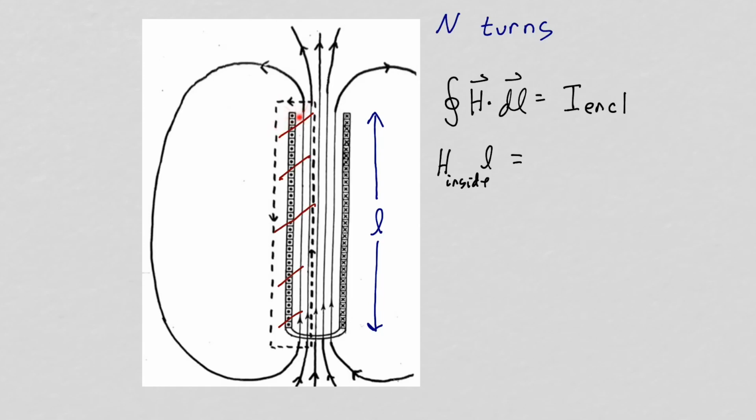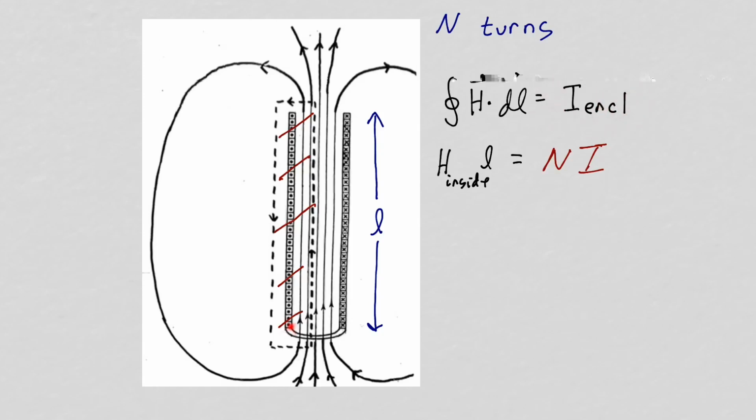Our wire punctures this surface N times. And the current flowing through the wire each time it punctures this surface is up out of the page. So the current enclosed is the number of turns we have, N, times the current flowing in our coil, I.